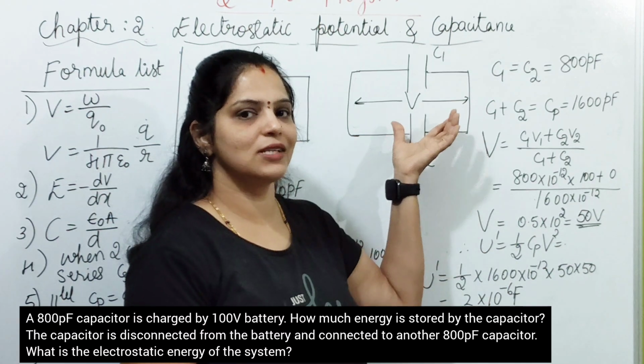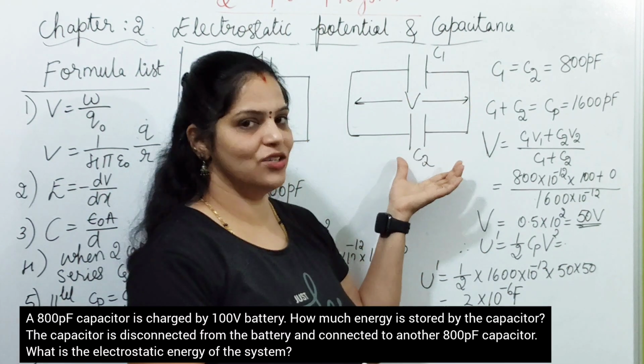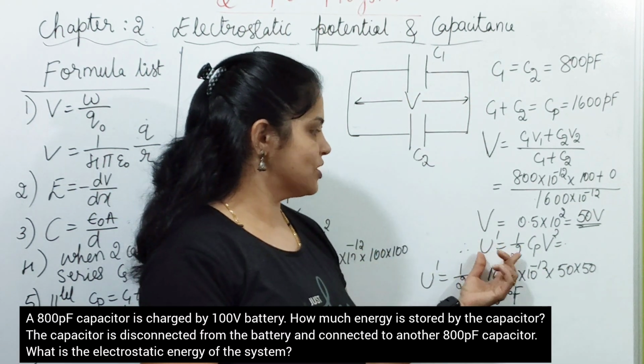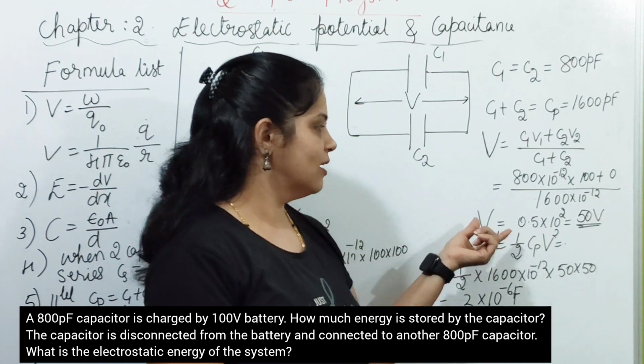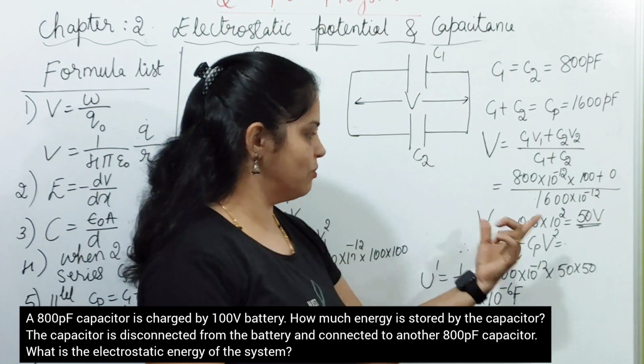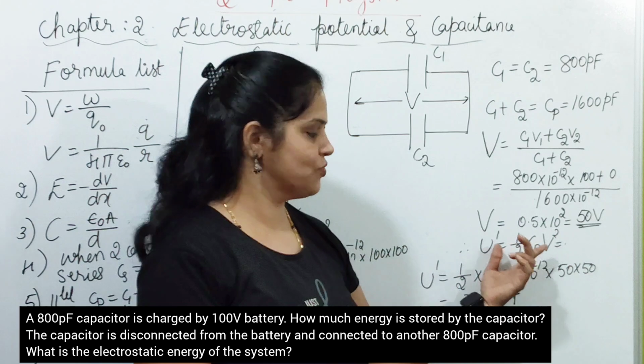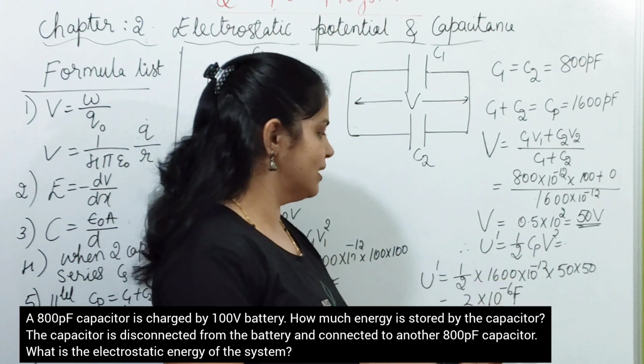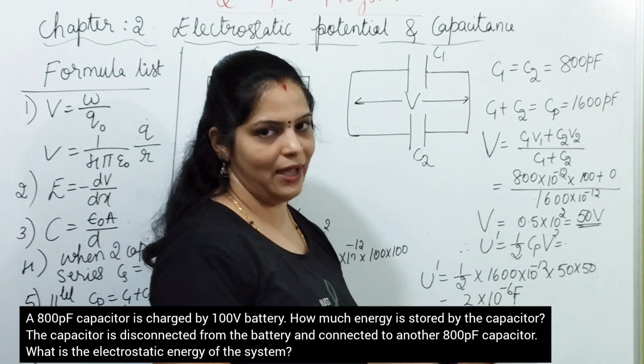Now, what is the electrostatic energy stored in this combination? That is U dash, which is half Cp V square. Let us calculate U dash using this formula, half Cp V square, and substituting we get this relation, 2 microfarad.